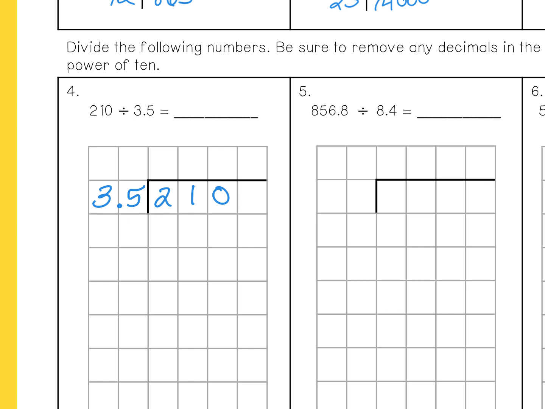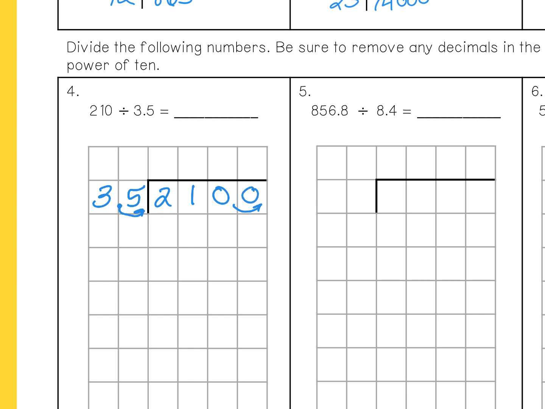So I have a decimal in my divisor, which I'm not allowed to have. That means I need to multiply it by a power of 10. So I need to move my decimal over one place to make that 35. And because I did that, I also need to move my decimal over in my dividend, making this 2,100.